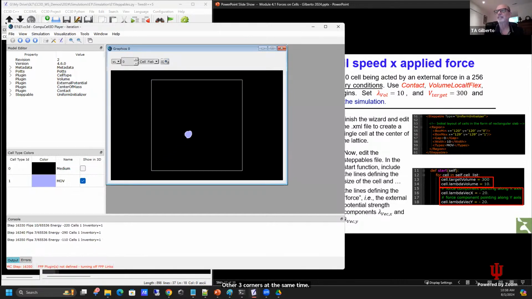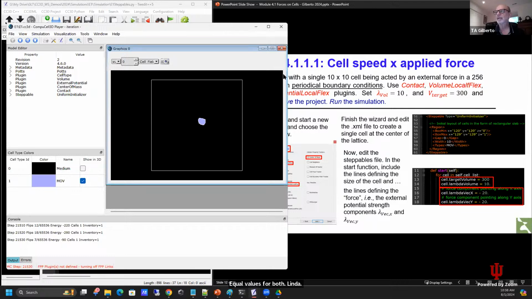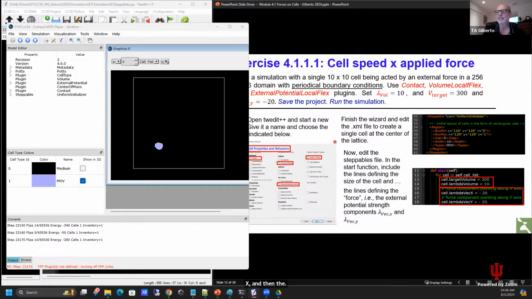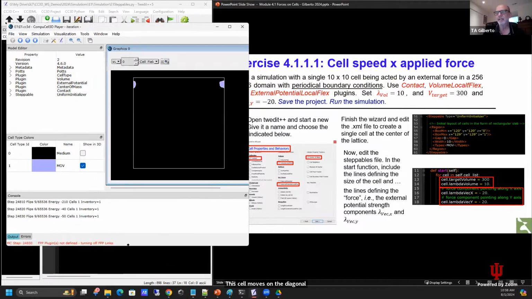Another thing is that since I gave equal values for both lambda x and lambda y, the cell moves on the diagonal of the grid. Let's see, here I cannot change the value.